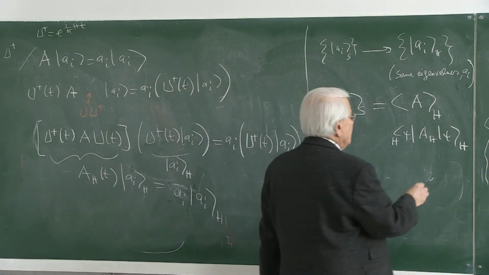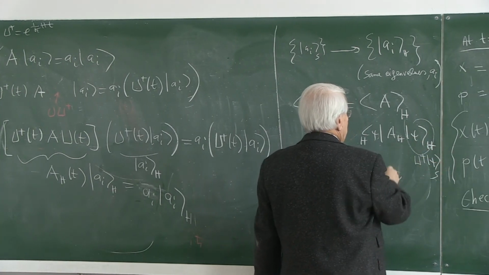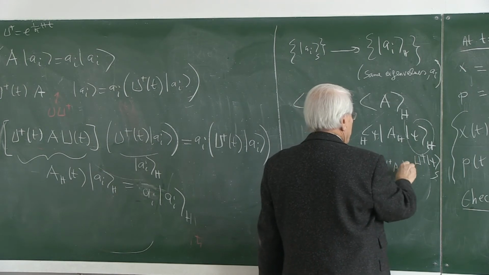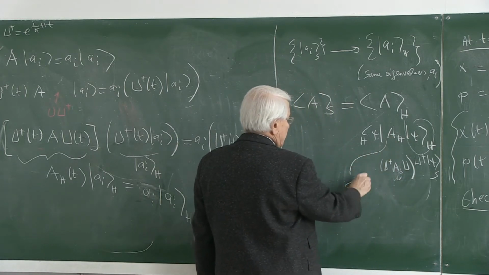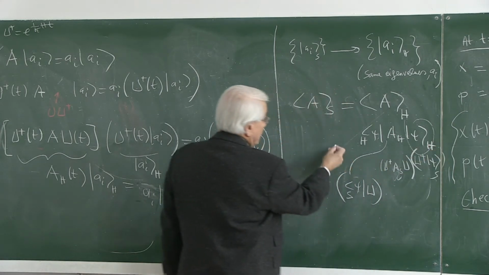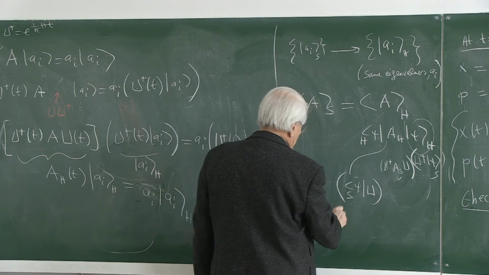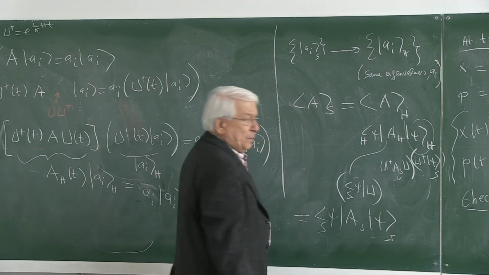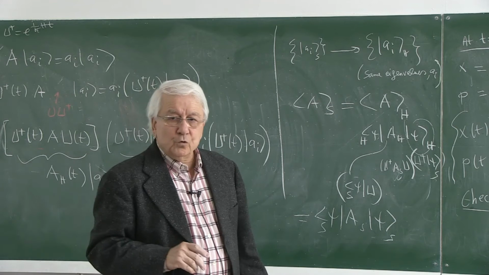How do I do that? This one is U dagger times psi Schrödinger, and this one is U dagger A Schrödinger U, and this one is psi Schrödinger U, right? So what is it altogether? U dagger, U gives 1, so you get psi Schrödinger A Schrödinger psi Schrödinger. The expectation values are the same, therefore eigenvalues should have stayed the same, but eigenvectors do change.